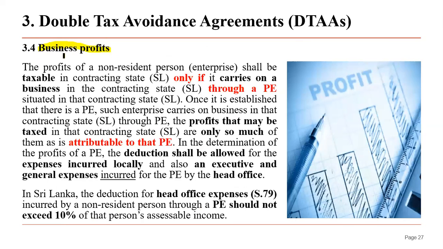So business profit here, again I will read it for you for better understanding. The business profit of a non-resident person. The profit of a non-resident person, an enterprise, let's say the enterprise is a company, shall be taxable in the contracting state.